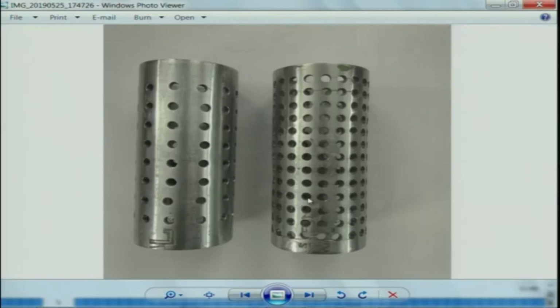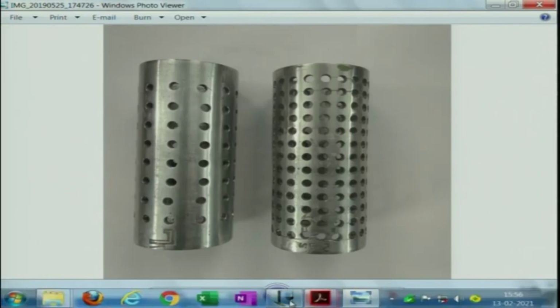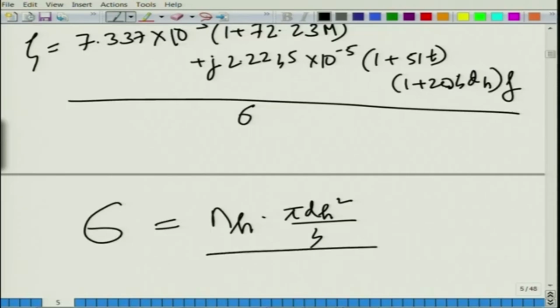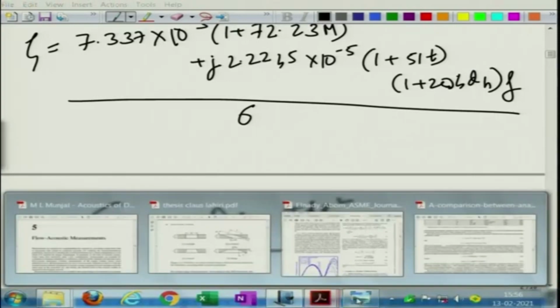This is clearly a square kind of configuration; you can have rectangular, you can have staggered. In the most generalized sense, nh is the total number of holes and pi dh square by 4 is the area of each hole. So, this is the total area due to all the perforated holes.